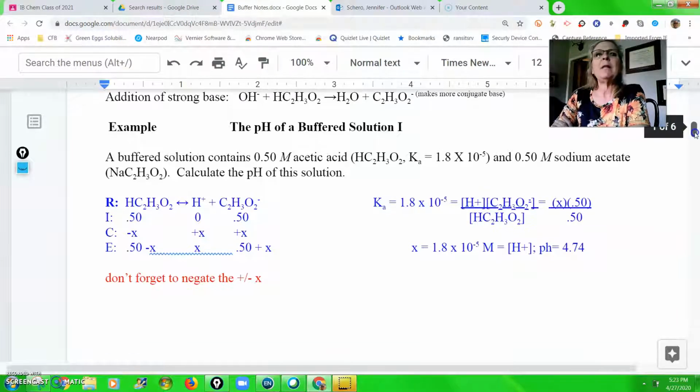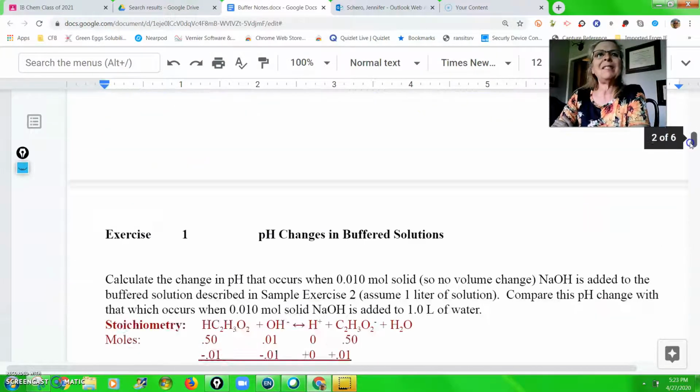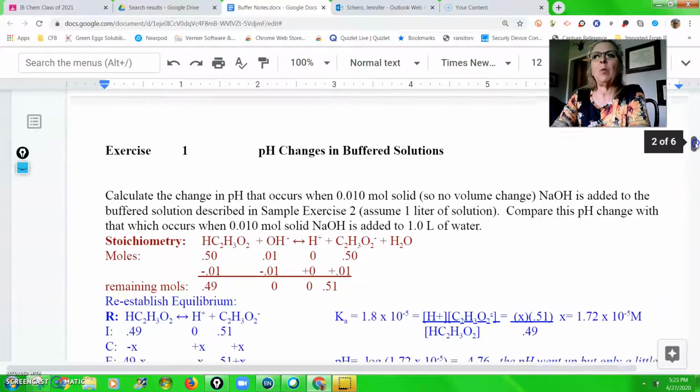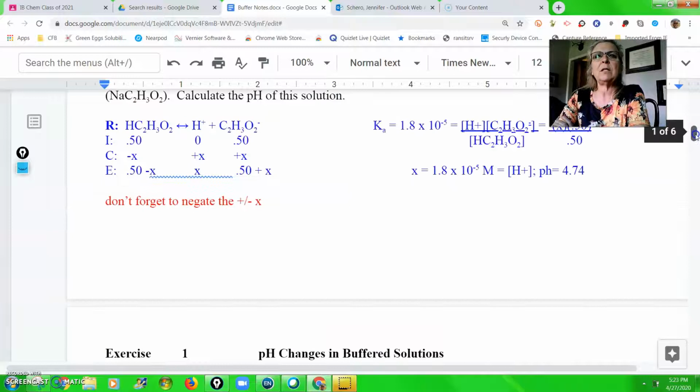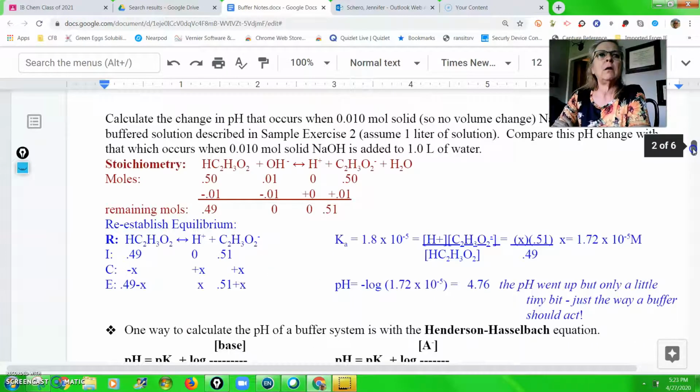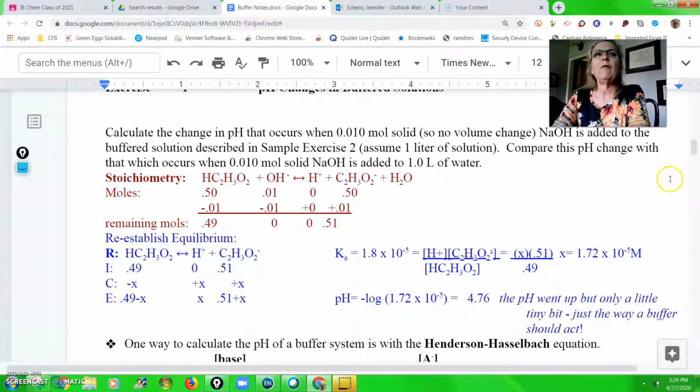Okay, we've done that before. That is not a big surprise. That is review. Now I want you to keep that number in mind. What we had when we started off with this solution was 4.74 for its, sorry, for its pH.